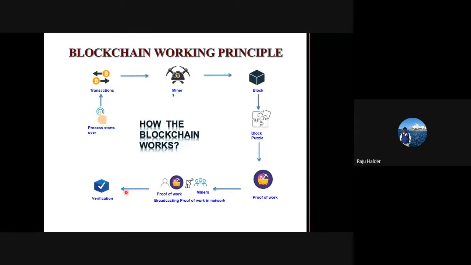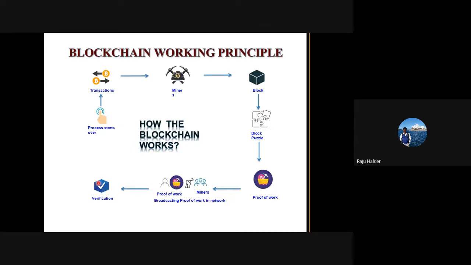So all the participants will receive this new block because the miner is broadcasting, and all participants again will verify whether this miner has created the new block according to protocol correctly or not.